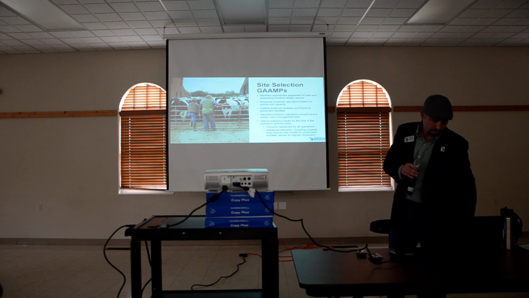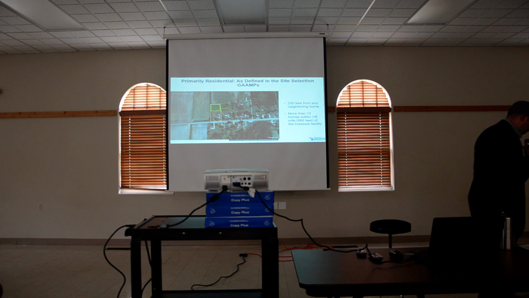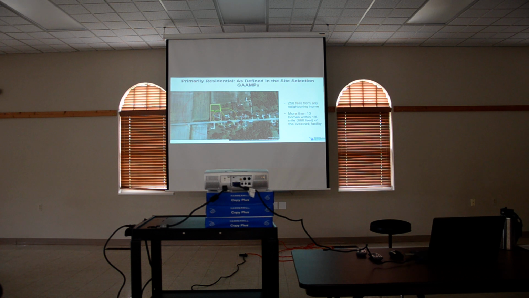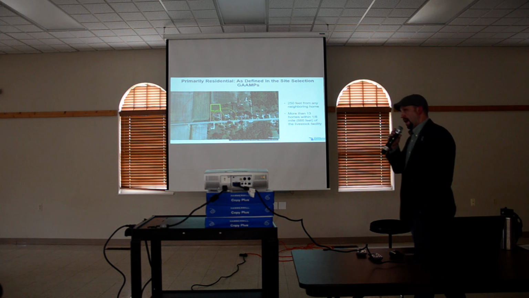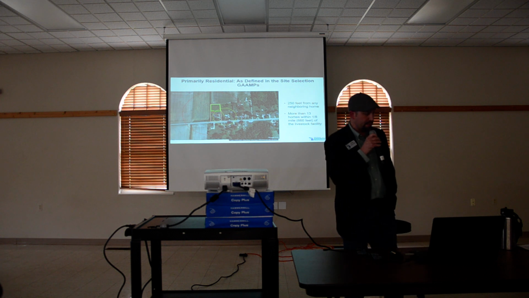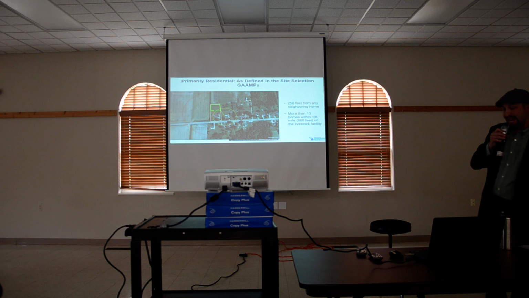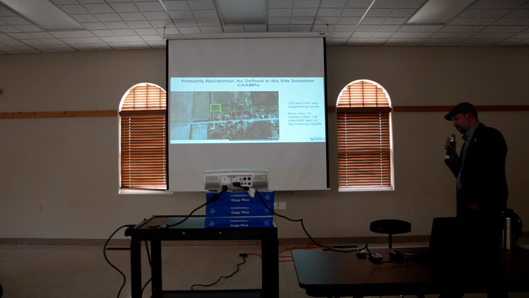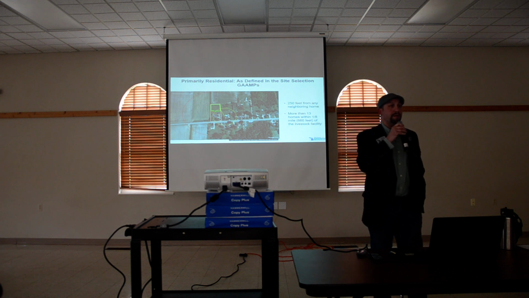Thank you. All right, so primarily residential, your backyard chickens, your small operations. The site selection GAAMPs state that if you're category 3, if you're not primarily residential, you may have livestock of 350 animal units. Category 4 in there states that you may not have livestock of any number if it is in fact primarily residential. So what is primarily residential?